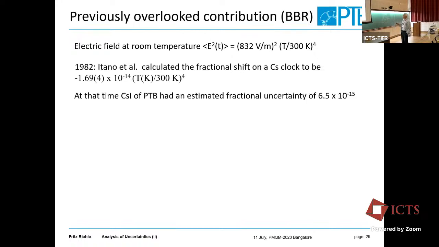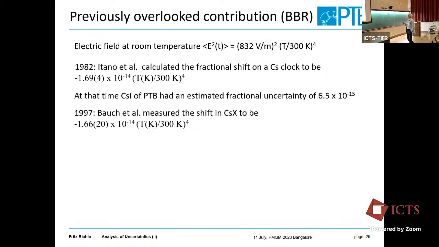But at that time, the cesium clock CS1 of PTB had an estimated fractional uncertainty of 6 times 10 to the minus 15. And to be honest, this had not been corrected there. So there was an unseen error at that time. It was not included in the uncertainty budget.